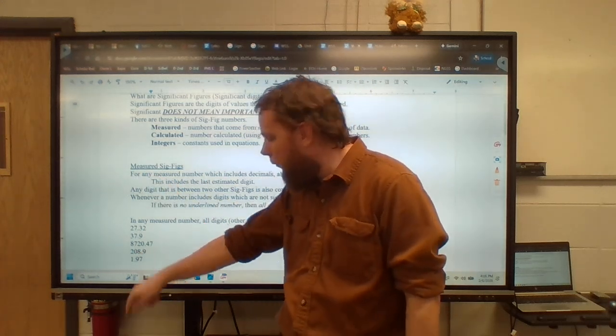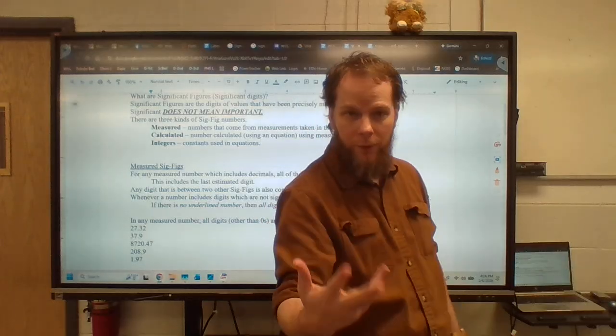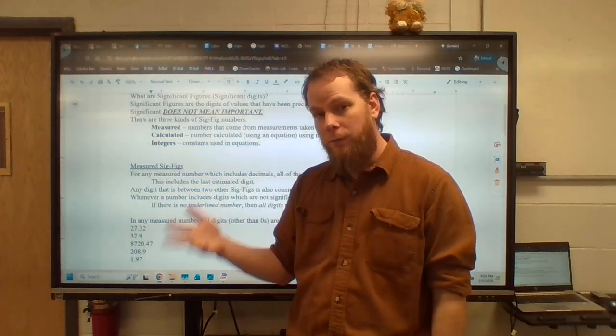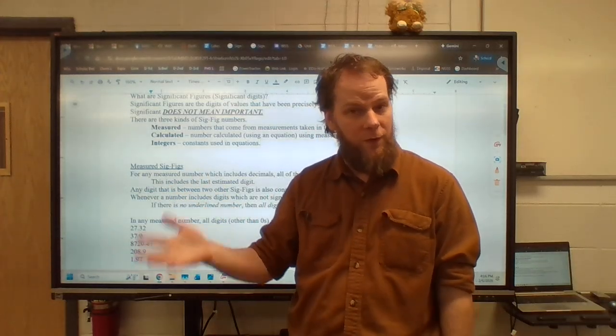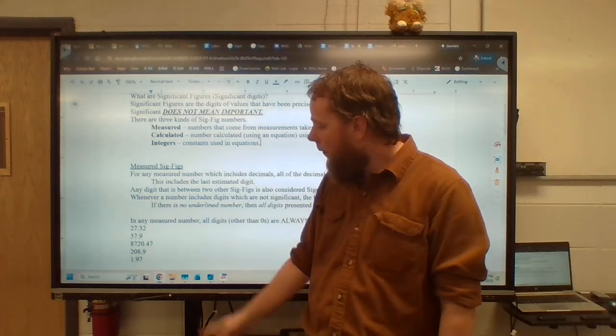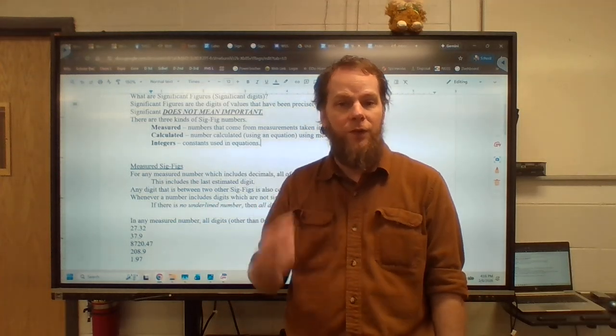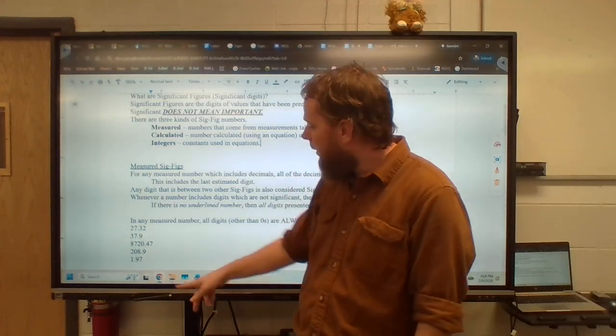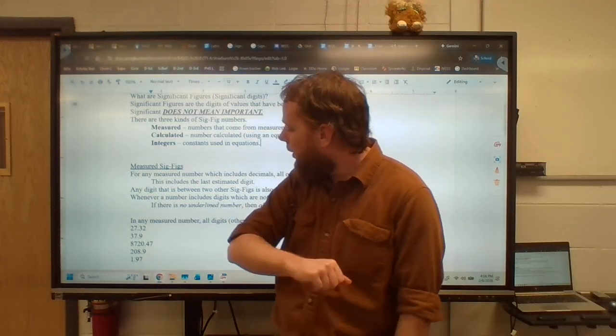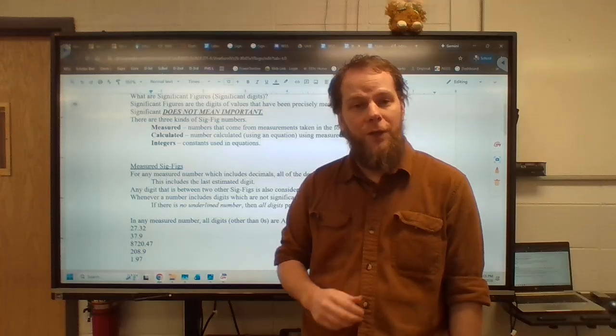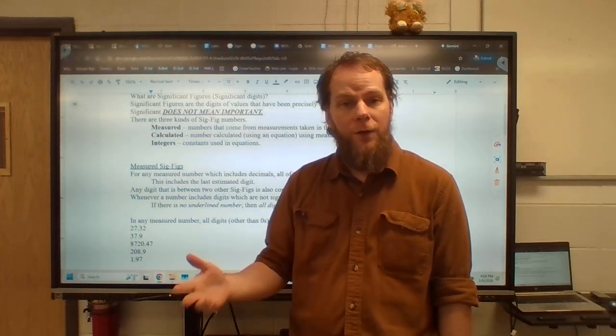So the 2 and the 4 are both sig-figs because they are present. Therefore, the 0 also has to be significant. Same thing on 208.9. That 0 is considered a sig-fig. And then again, the 1.97, that is going to be a 3 sig-fig number.